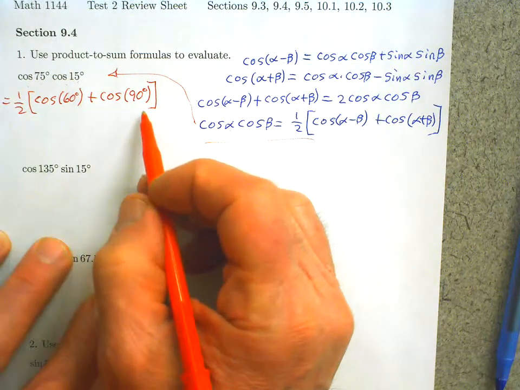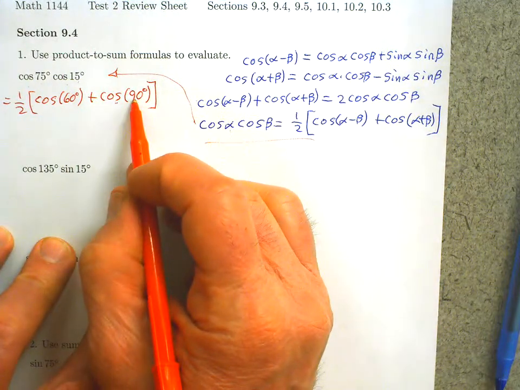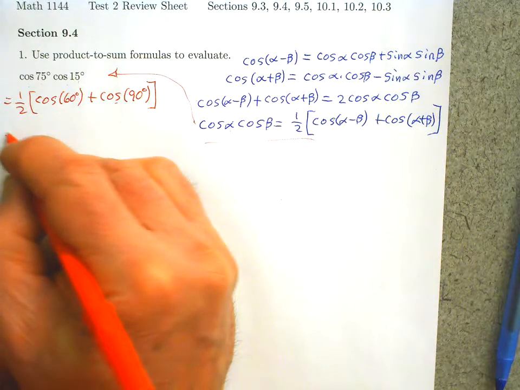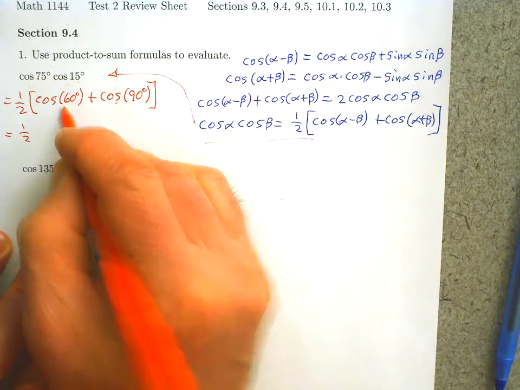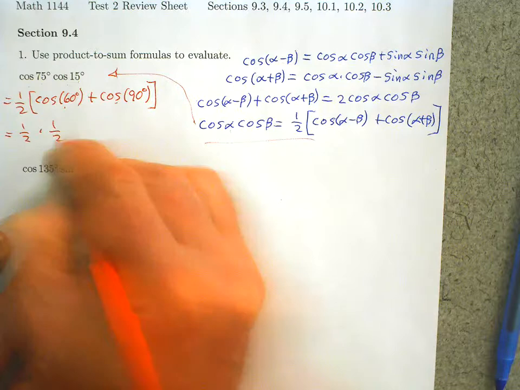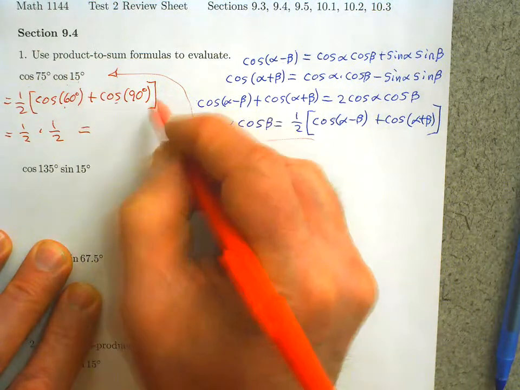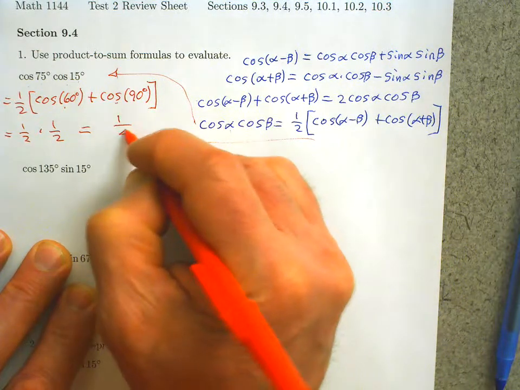And this turns out pretty nicely. Cosine of 90 is 0. Cosine of 60 is 1/2. So this answer is just 1/4.